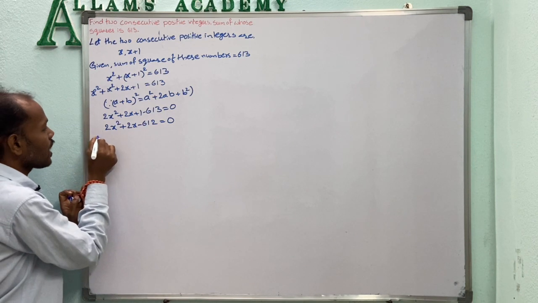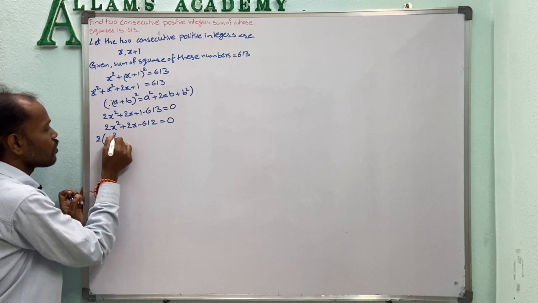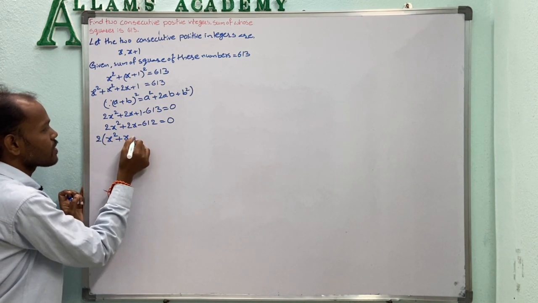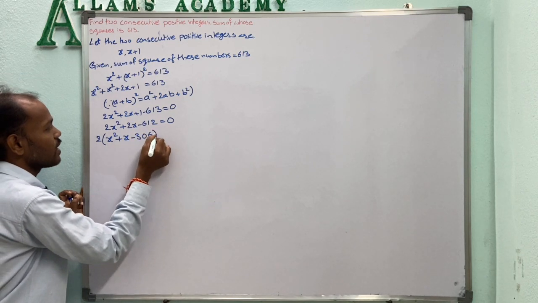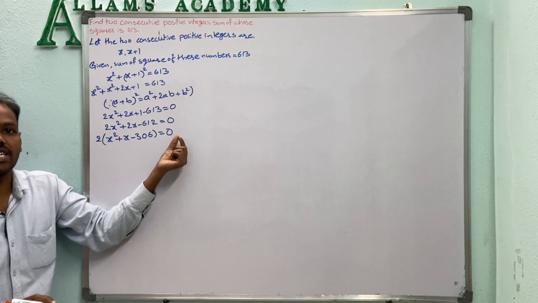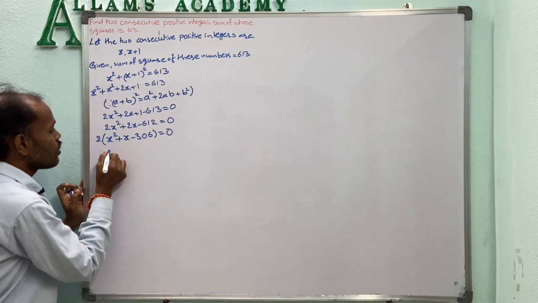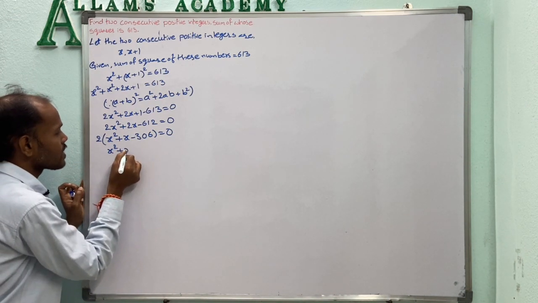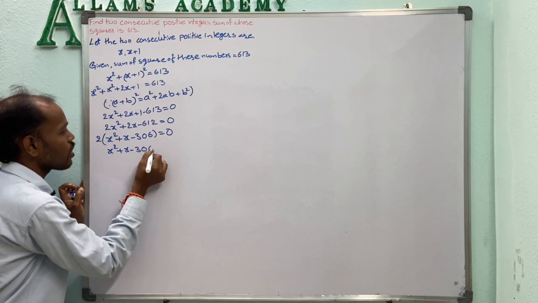So 2 is the common number, taking it out: 2 into x square plus 2 into x minus 2 into 306 equal to 0. Now transferring the 2 to this side, division 0 by 2 equal to 0. So x square plus x minus 306 equal to 0.